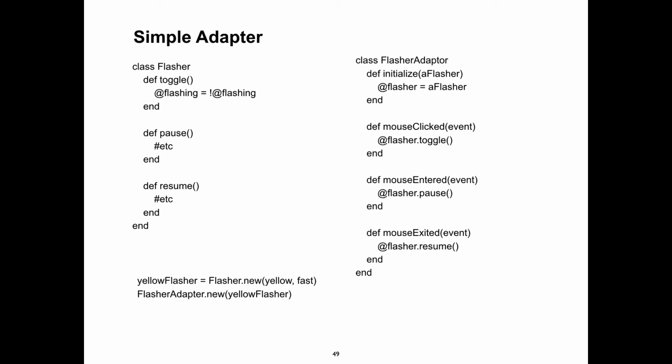Now, the structure here is, my adapter has a reference to an object, and I forward requests onto it, right? Does that mean any place where I'm forwarding requests is going to become an adapter? Not necessarily, right?